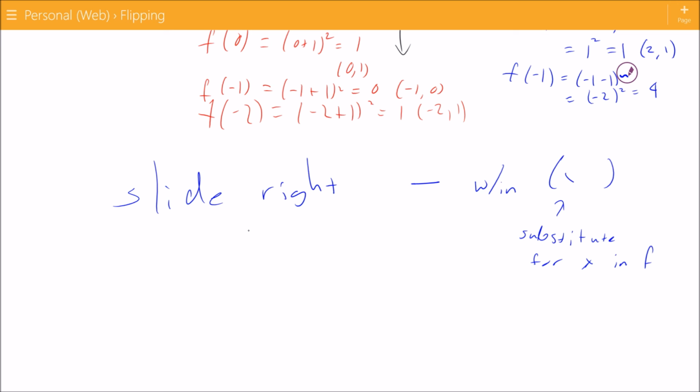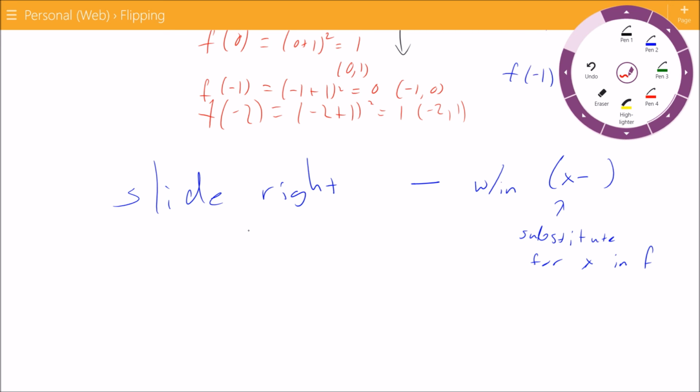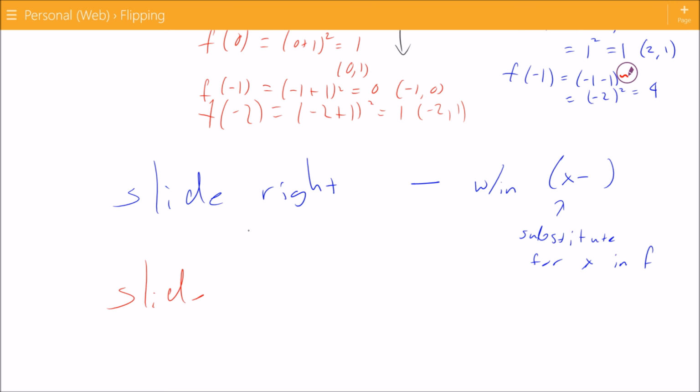So this would be x minus, basically. If you want to slide to the left, however many units you want that to be, you have a positive within, x plus. And again, we're substituting for wherever x is in f. We're putting this quantity in parentheses in there.